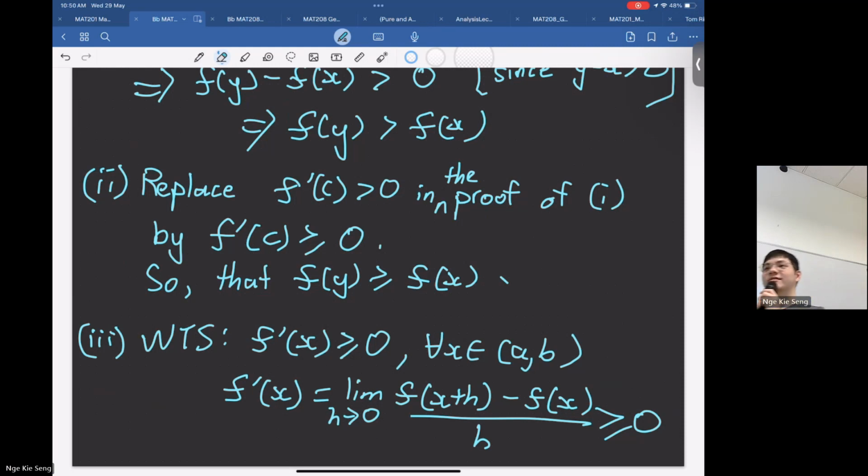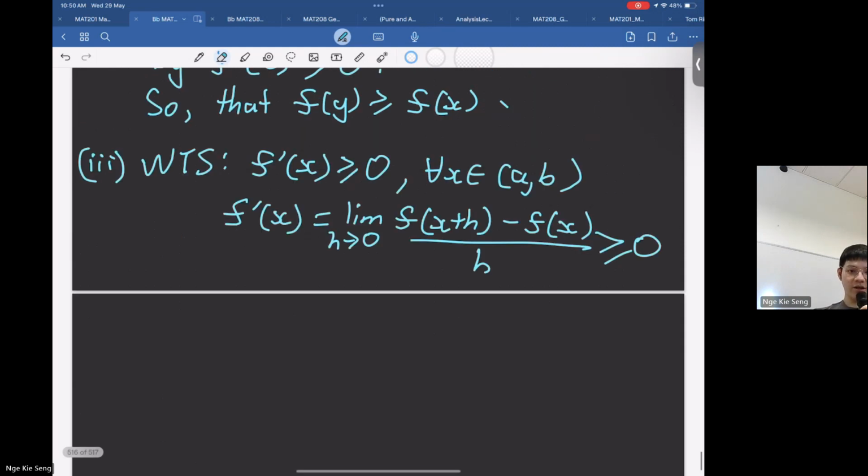Non-decreasing, so I mean non-decreasing only works for what? Only for x less than y. We know that. So meaning how to put this there?